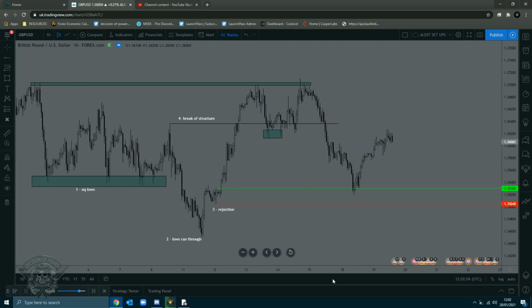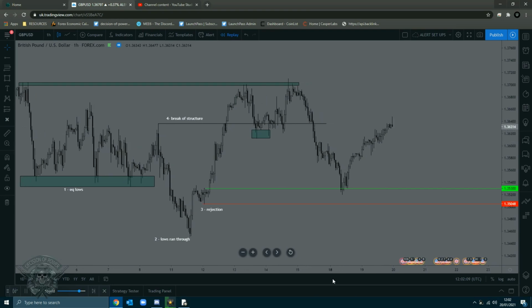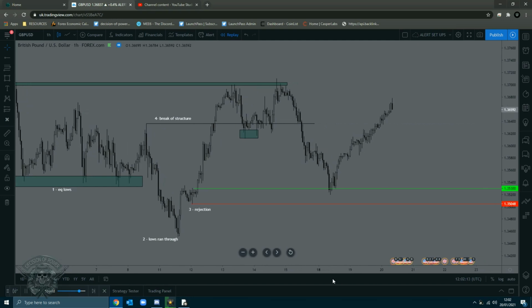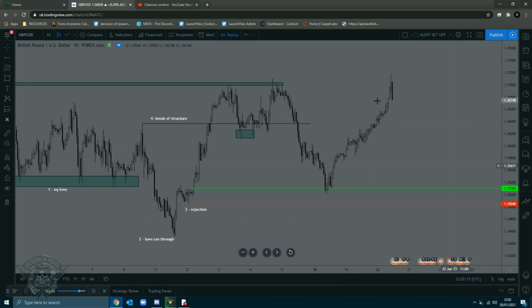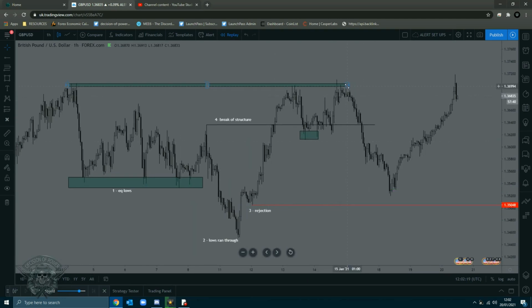That was the point where I cashed out around here because we were coming into today's presidential switchover. And as you can see, it did go after them highs.